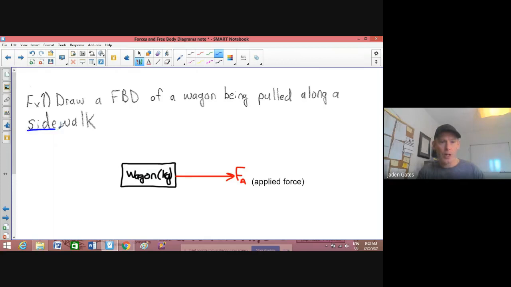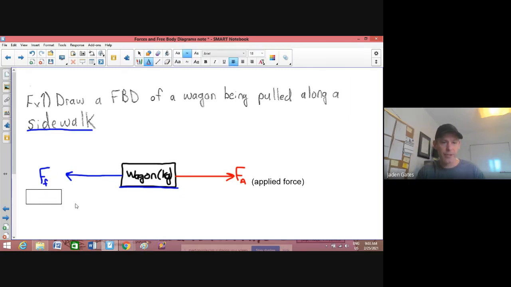All right, now, the other thing with forces is that when you have an applied force and it's being pulled along a sidewalk here, which means there's a surface in contact with our wagon, you have an opposition force to your applied force, always, unless stated, and that is our force of friction. The notation is not too crazy here, F of F, where the big F stands for force and the little f stands for friction.